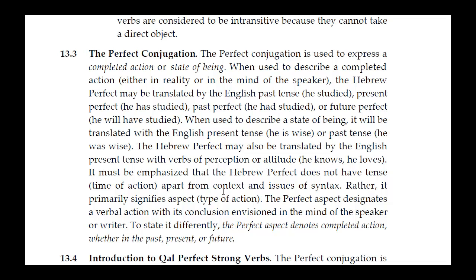Rather, it primarily signifies aspect, the type of action, whether it's completed or incomplete. The perfect aspect designates a verbal action with its conclusion envisioned in the mind of the speaker or the writer. So basically, the perfect aspect denotes completed action, whether in the past, present, or future, whether it has actually happened or it's in the mind of the writer.